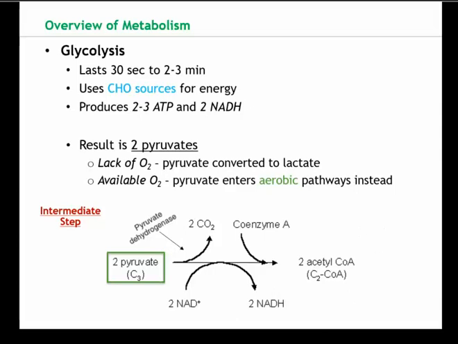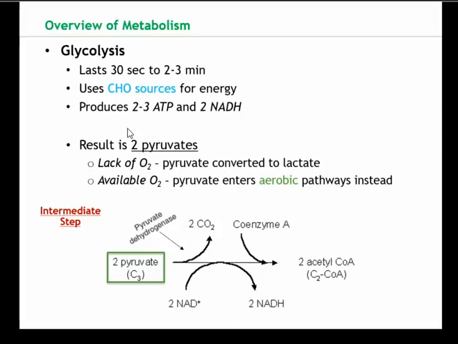Okay, so let's discuss what's going on here. 2 pyruvates, those are 3-carbon molecules. So what happens is when broken down, 2 CO2s are given off here. So we lose 2 carbons and the oxygen that's combined there. We can just exhale this. That's a waste product.